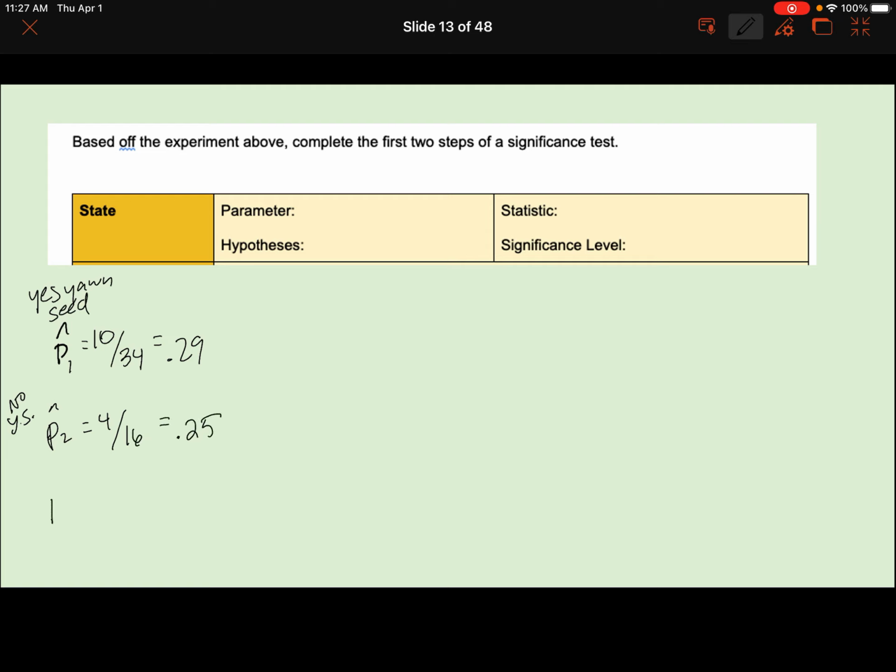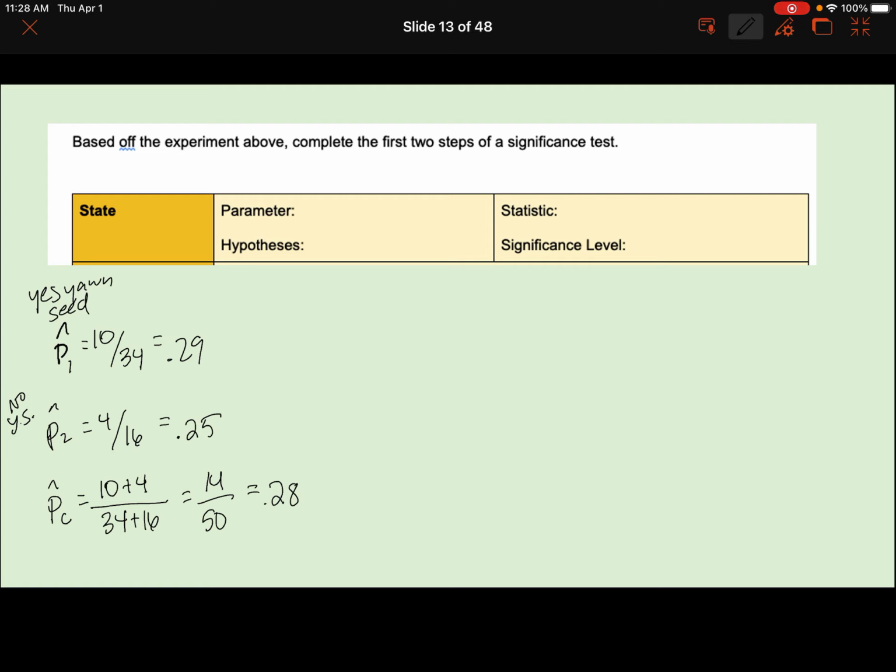For the combined p hat, basically I'm going to take the 10 and the 4, those are my numerator, and the 34 and the 16, those become my denominator. That's 14 out of 50, which is 0.28. So that's what I'm going to be using to check conditions.